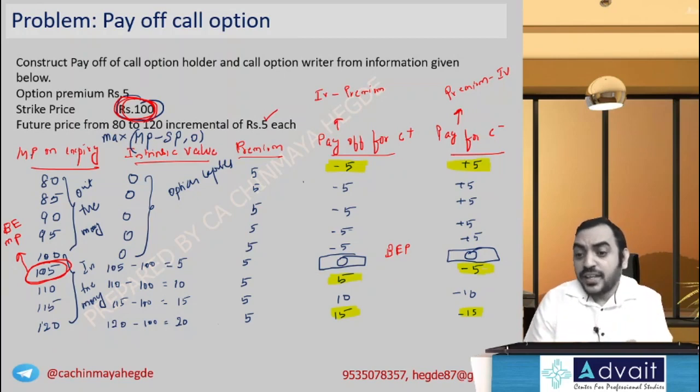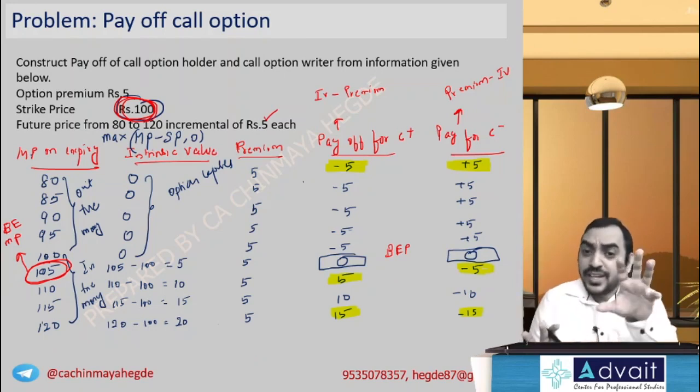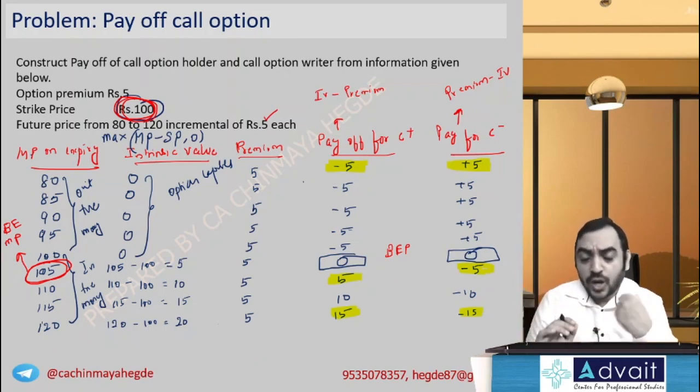If you decide to buy at 100 rupees, and the premium you have to pay is 5 rupees. Both are paid. So break-even point means what? Inflow should be equal to outflow, receipts equal to payments. Then my profit will be zero profit, zero loss.